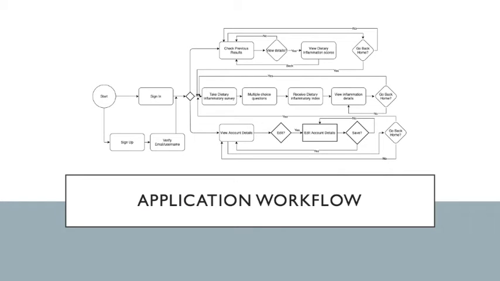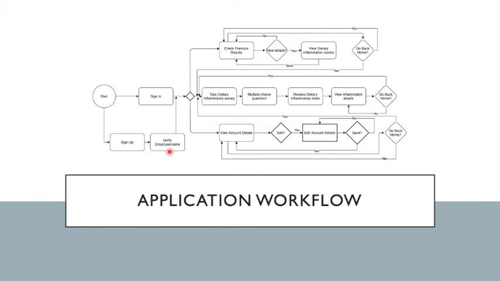This slide shows the typical application workflow. As soon as the user has the app, they either sign in or sign up. If the user signs up, they can sign up with their email address or a phone number.